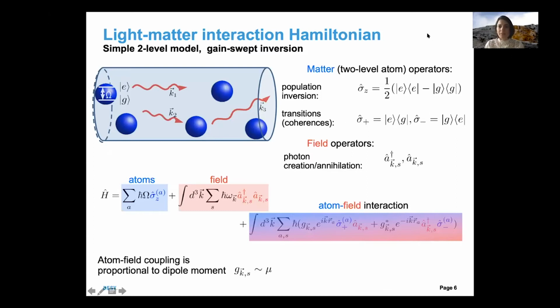And the electromagnetic field is quantized by the usual quantization procedure, treating many different modes. The atom-field interaction Hamiltonian is the usual minimal coupling Hamiltonian in dipole approximation.